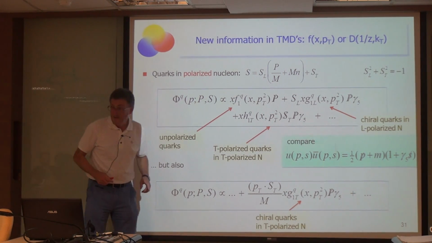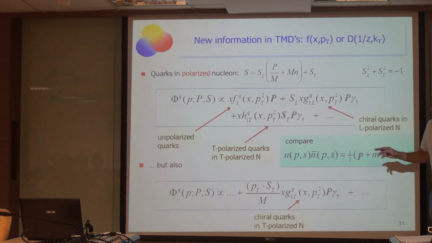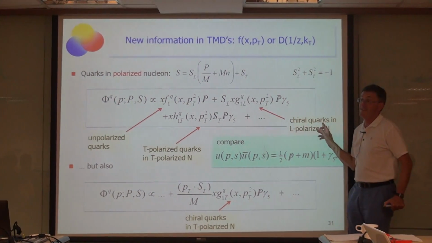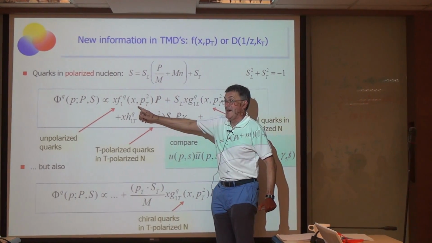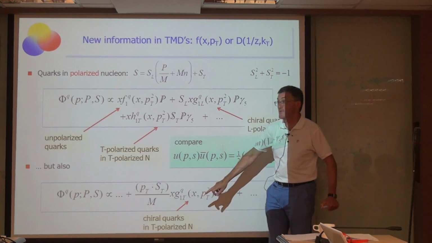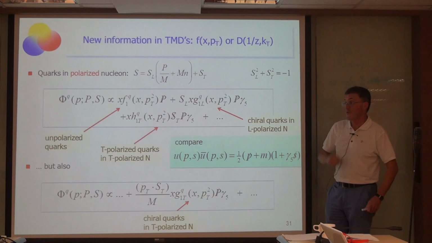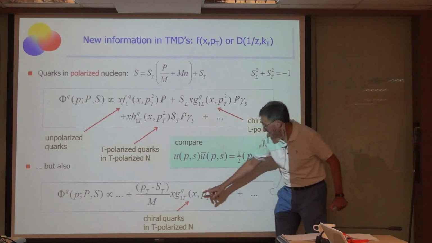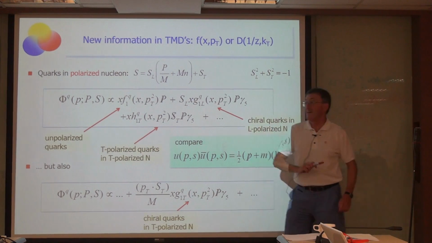Actually, that's where the name of the functions comes from. Functions G are always chiral distributions, F are unpolarized quark distributions, and the H is equal to transversely polarized quarks. So what would be the name? This is the name of chiral quarks in a transversely polarized target.